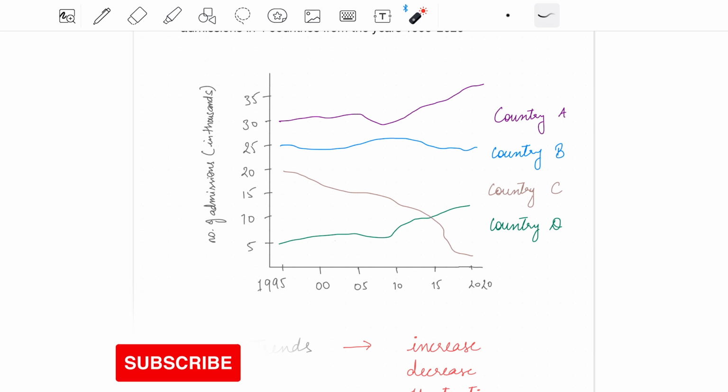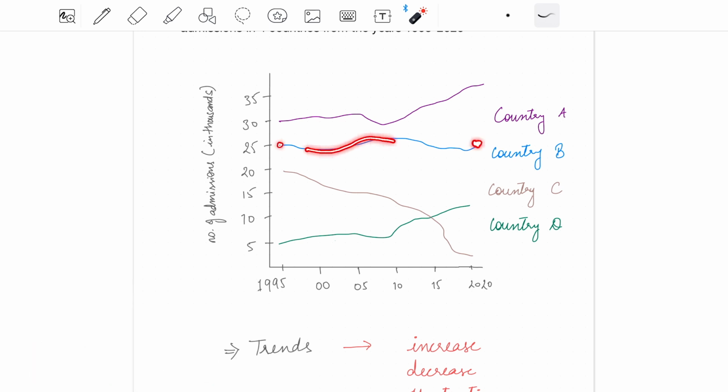I will then also mention country B as being stable, although we can see that it's slightly fluctuating, but it is more or less stable, as the number of admissions is 25,000 in 95, also in 2020. In case of country C, we see clearly that the admissions are declining, they're going down.